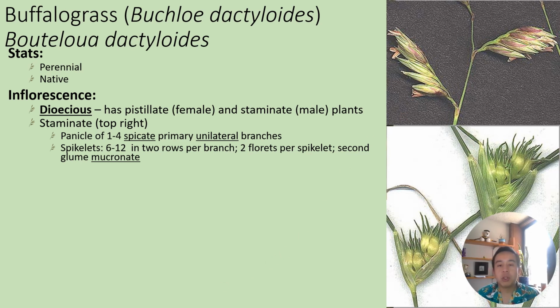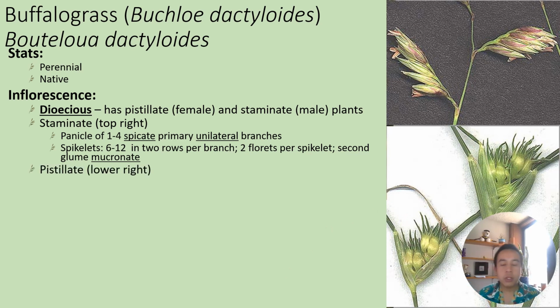And 2 florets per spikelet typically, and then the second glume is typically what we call mucronate. We've already gone over this term, but mucronate means it comes to an abrupt point, which isn't as easy to see in that staminate photo, but if you look at the tips of these pistillate flowers that we'll discuss next, these are also mucronate.